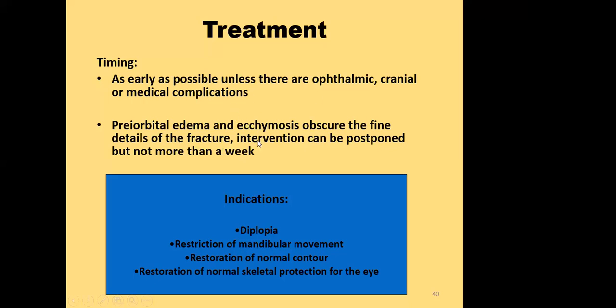And of course, the earlier the better, because the body usually starts healing after trauma. So you don't want it to heal in the wrong place, and you want the procedures to be as early as possible. The most important thing is just to control edema. And once you're able to control edema, then you are able to do your fracture reduction and fixation.